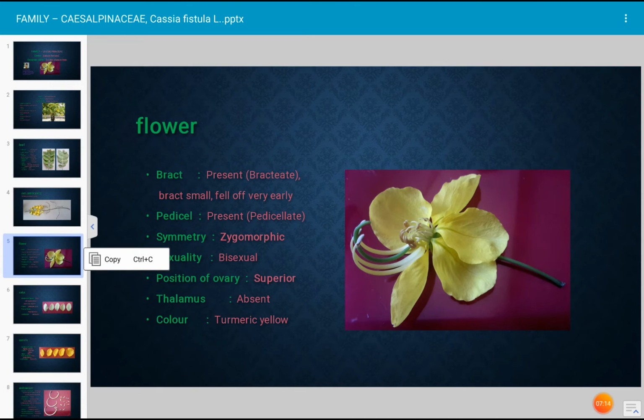And it is a bisexual flower because stamens are present and ovary, style and stigma are also present. The ovary is superior because floral parts originate from the base of the ovary. Thalamus is absent. The color of the flower is a very beautiful turmeric yellow.